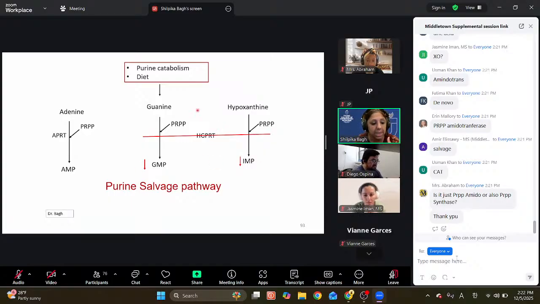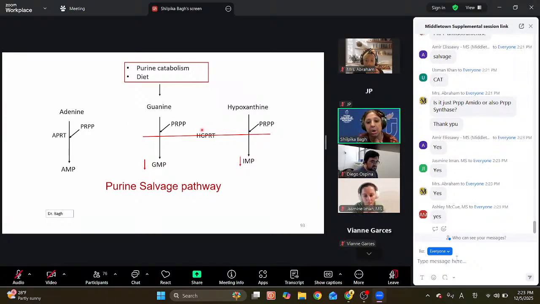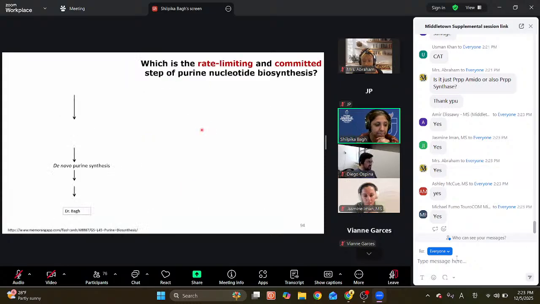Products are low, and anything that is not used accumulates: cofactor, any intermediate. So in Lesch-Nyhan patients, will PRPP accumulate? Yes, and that turns on PRPP aminotransferase and catabolism subsequently, and hyperuricemia.